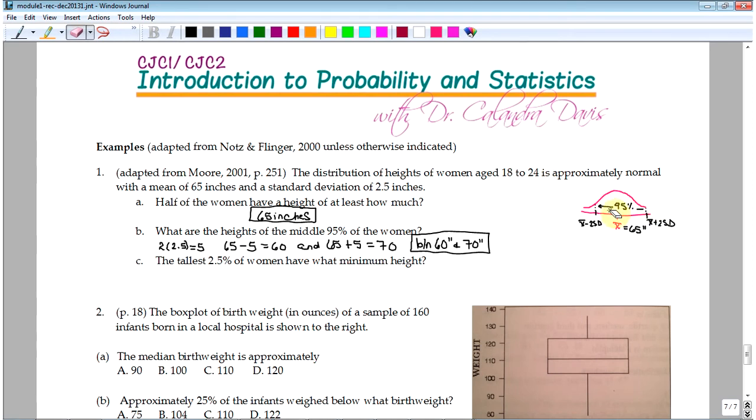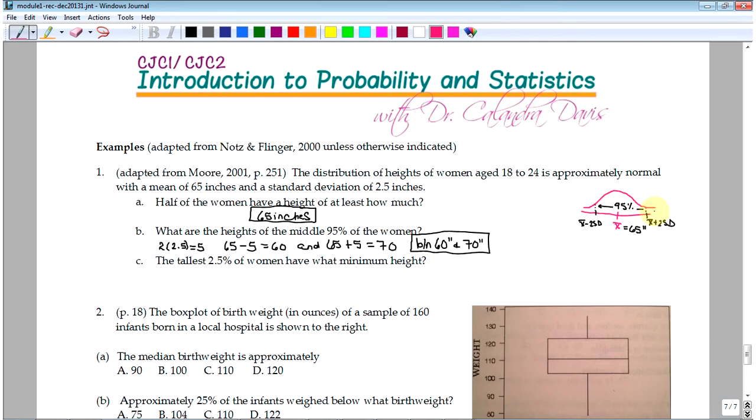Since we know that the middle 95% are within 2 standard deviations, that means that we have 5% of the data not accounted for. 2.5% will be smaller than 2 standard deviations from the mean, and the upper 2.5% is going to be more than 2 standard deviations above the mean.